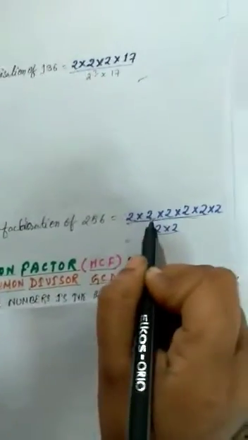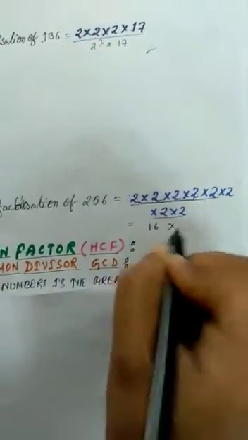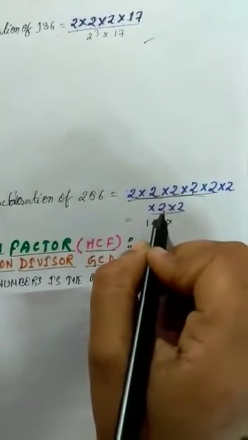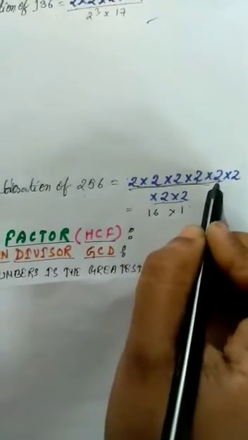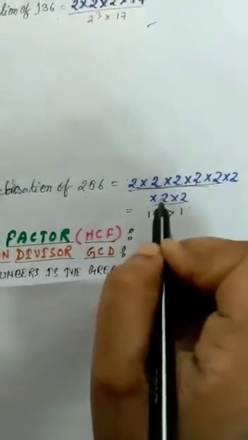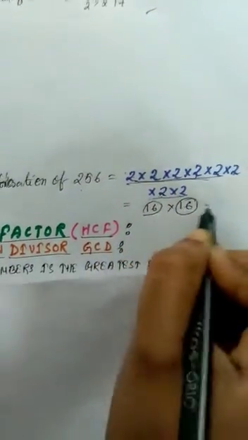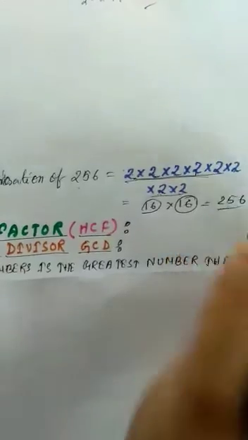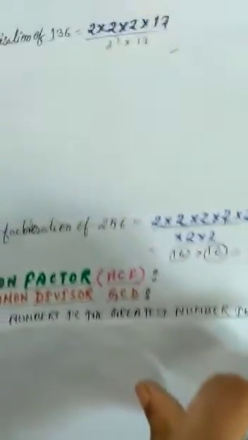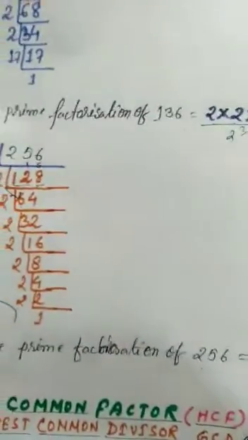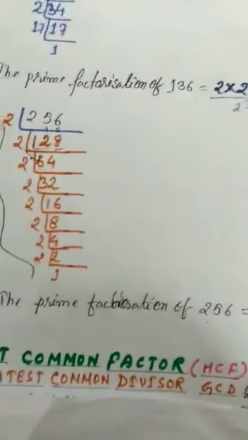See, 2 2s are 4, then 4 2s are 8, 8 2s are 16, and then again 2 2s are 4, 2 4s are 8, 2 8s are 16. So 16 into 16 if you do, you will get 256. That means the square of 16 is 256. Alright, I hope this is clear to you now. The division process and the rest of the sums can be solved by yourself. Thank you.